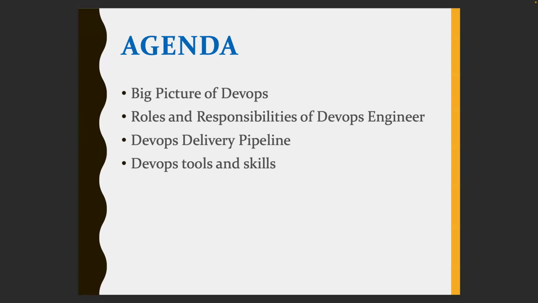So, like I said, this is the agenda of today's class, the big picture of DevOps. Before we get into this topic, we have a group of people from different backgrounds and different experience levels. The course is designed in a way that everyone will benefit from it.